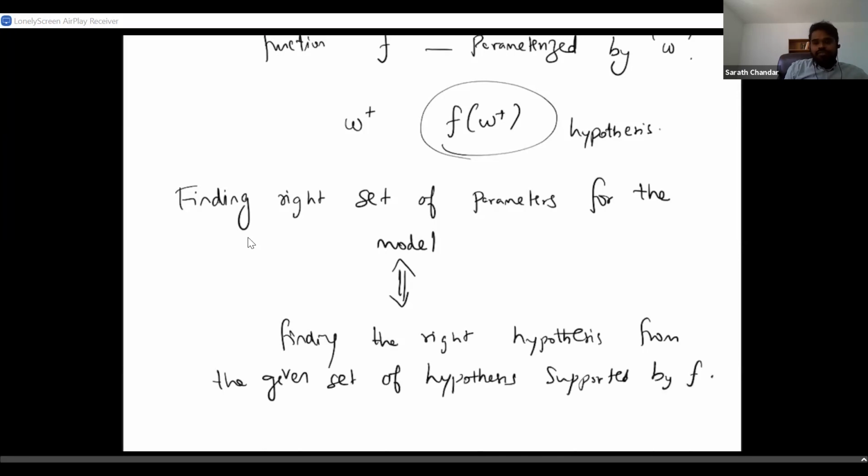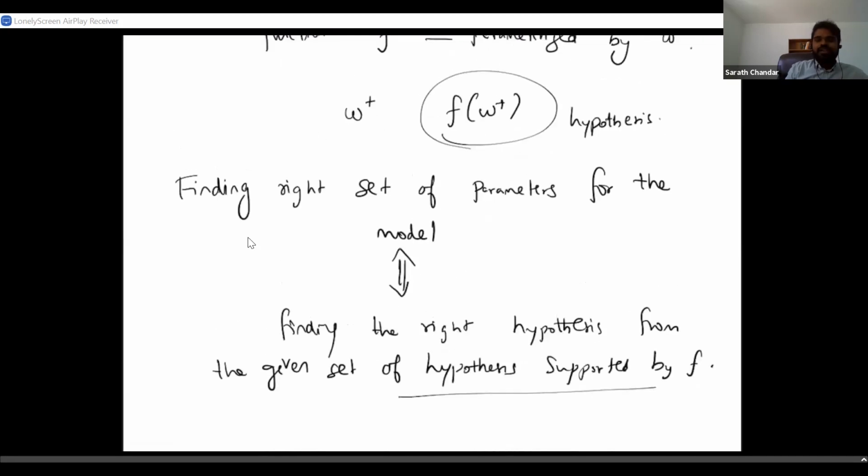Remember that f is a parameterization. For example, linear regression cannot capture all possible hypotheses. It can only capture hypotheses which are linear in nature, right? So there is a restricted set of hypotheses that every function can support, and the minimization process that we are doing is interested in finding the right hypothesis within this restricted set.